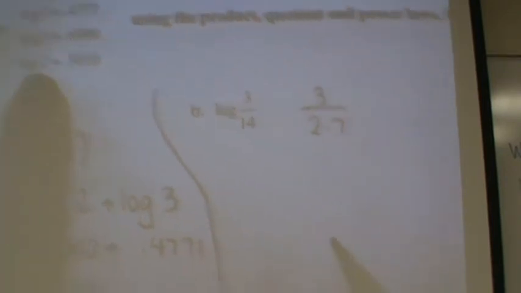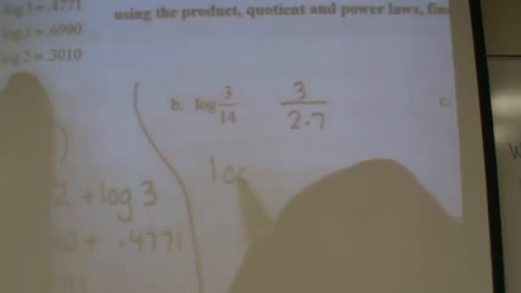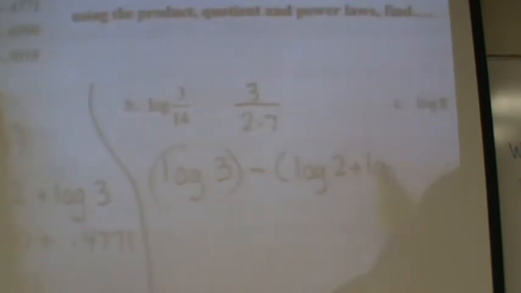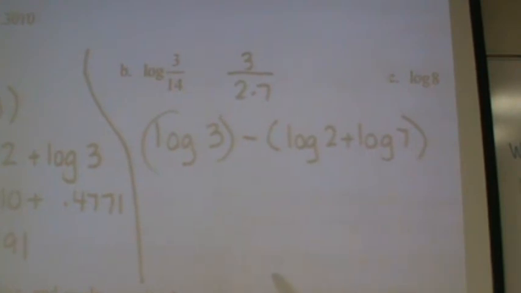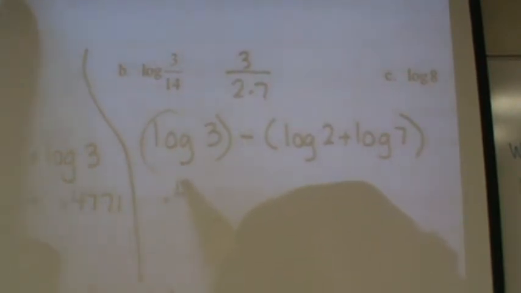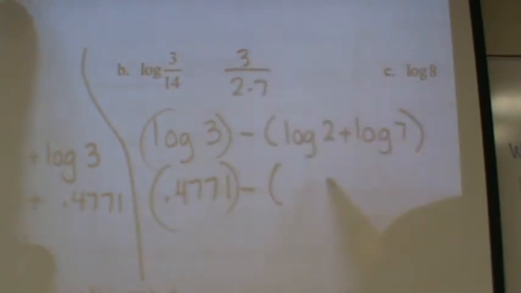So how are you gonna do this one? It's gonna be the log of 3 minus log of 7 plus log of 2 plus log of 7, just like that. Well, the log of 3 is 0.4771, 0.3010, and 0.845.